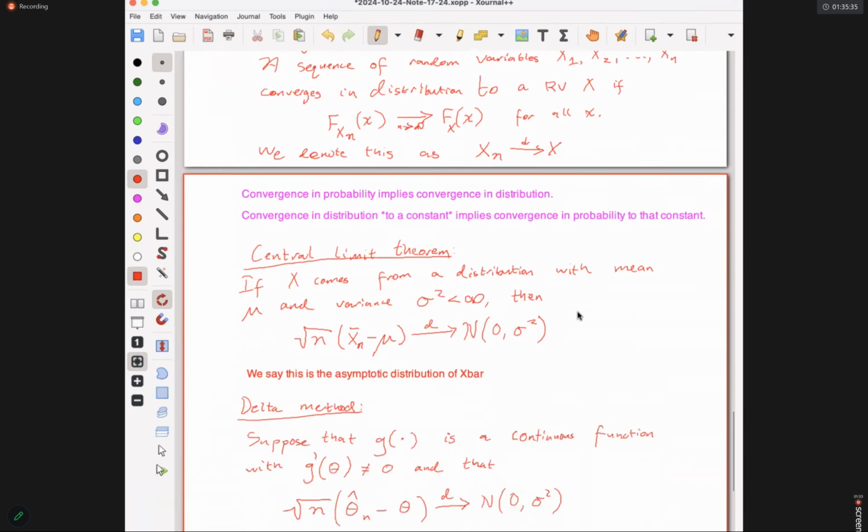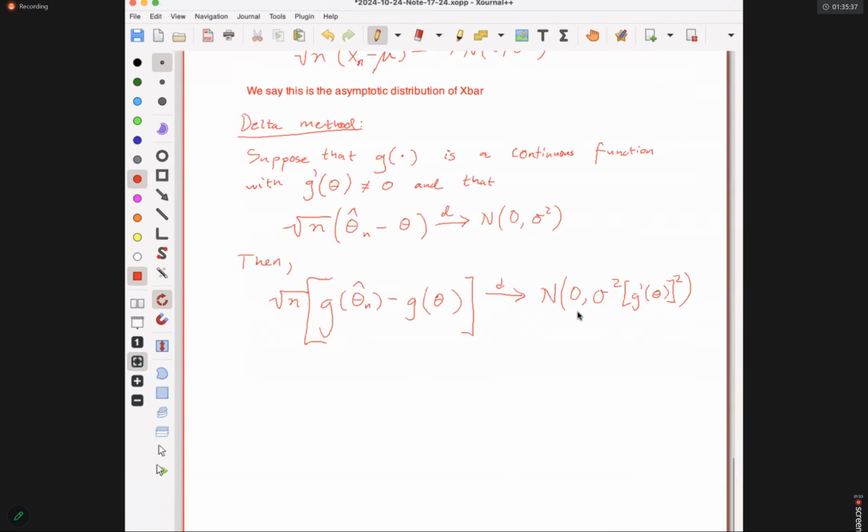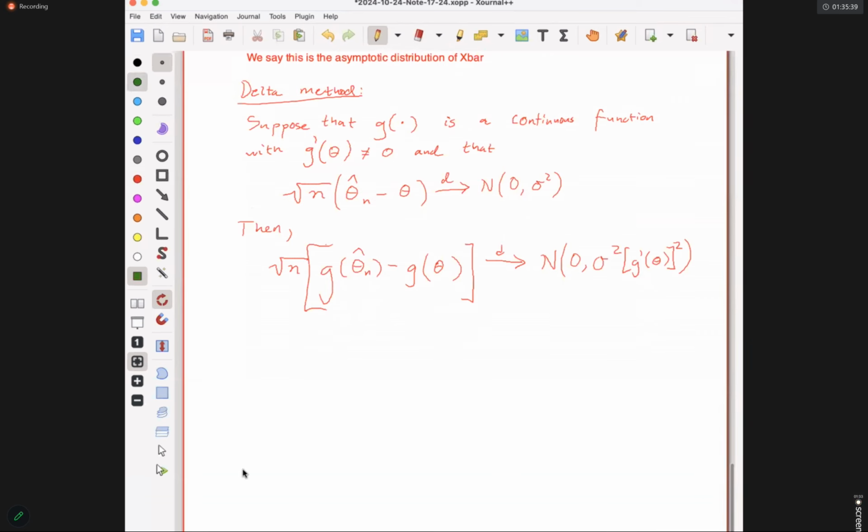So this is what we're using here. We want to find the asymptotic distribution of beta hat. What should we find first, or what should we write first?